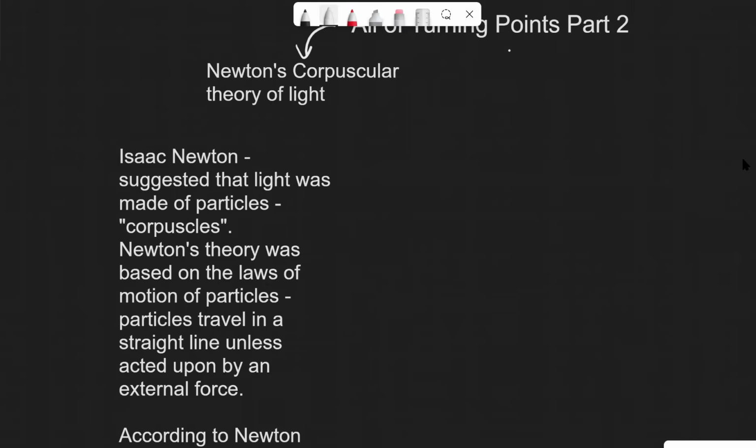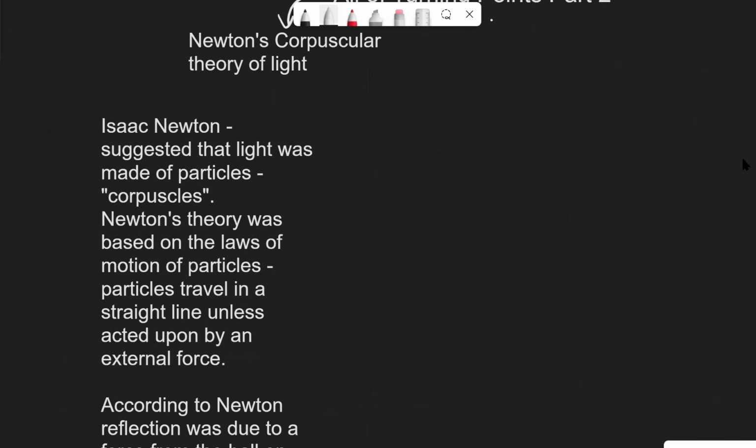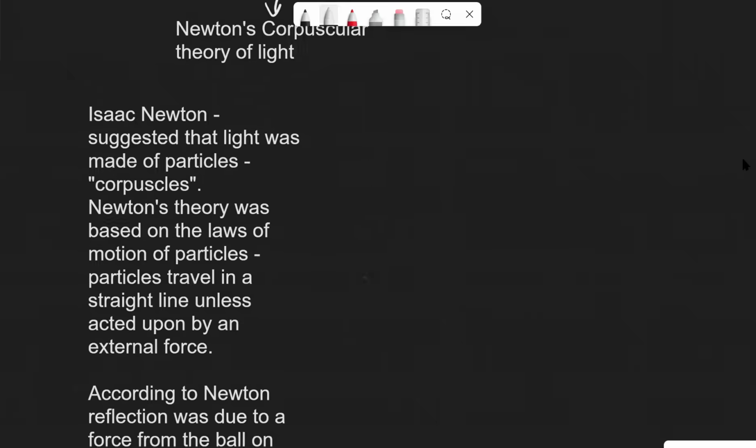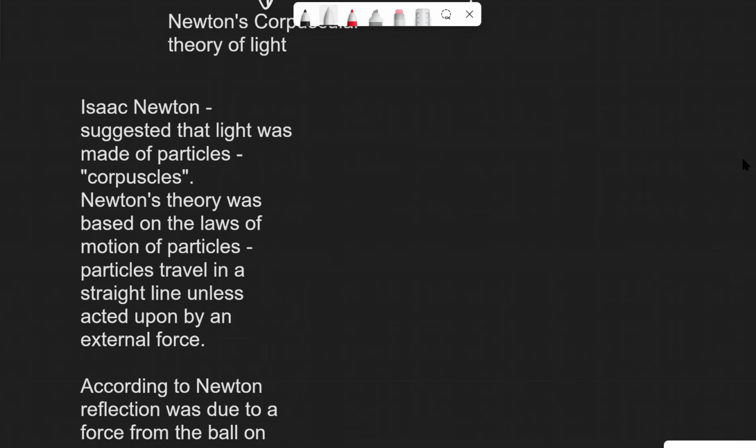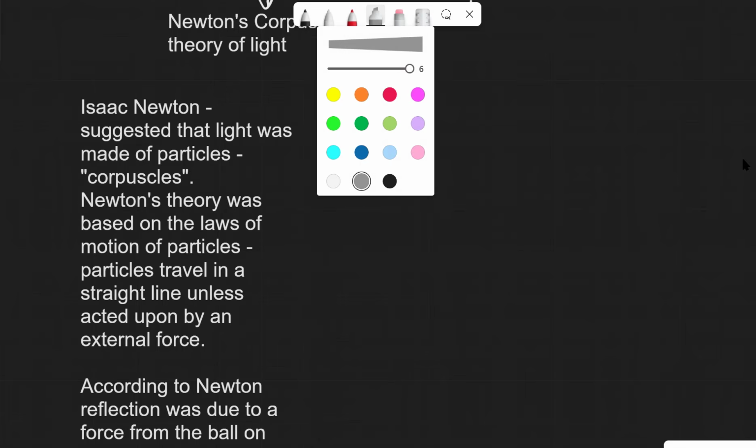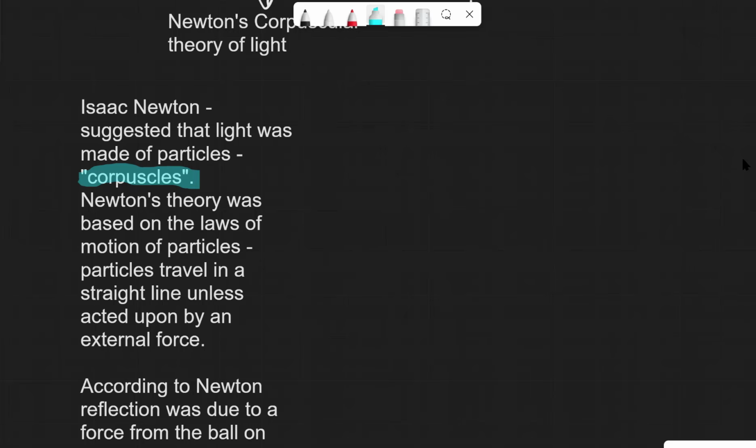So Isaac Newton, who made monumental contributions to physics, actually suggested that light was indeed a particle, or the word that he actually used was a corpuscle. This is essentially identical to what we call these days a photon. Now, Newton's theory was based on the laws of motion of the particles.